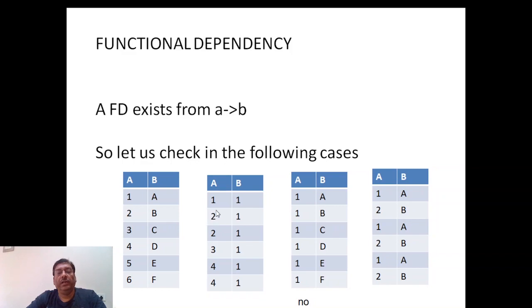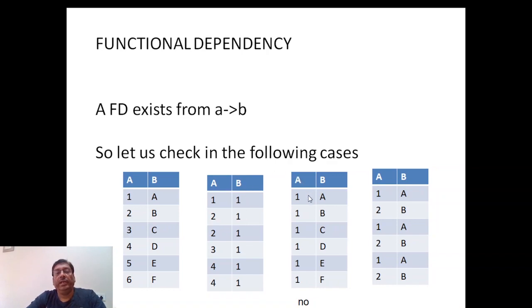When the value for A is 2, I get the value for B as 2 every time. When the value of A is 3, I can search the value of B and it is 1 every time. When the value of A is 4, I get the value for B as 1 every time, and so on. So functional dependency exists here from A to B.